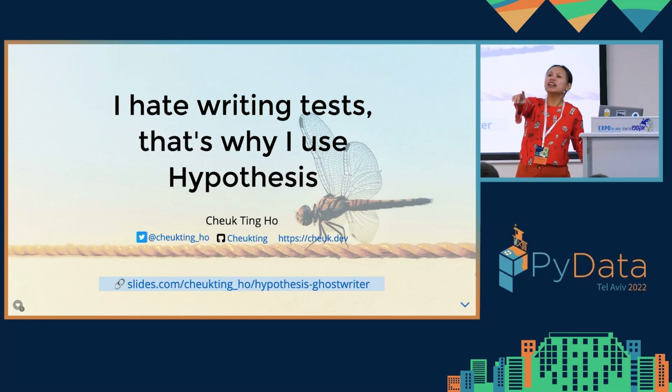Yes, there's one hand at the back. Oh, we found the mic. Hi. Do you have any plans or integrations with tools like Great Expectations that allow you to write assertions about data distributions and types? Do you know Great Expectations or WhyLogs or other kinds of data testing tools?